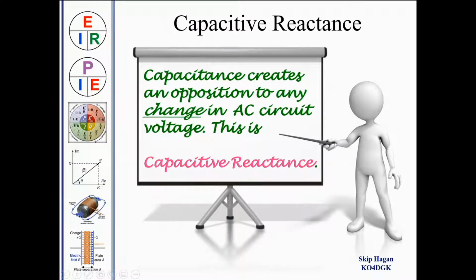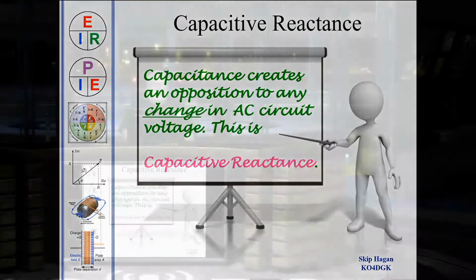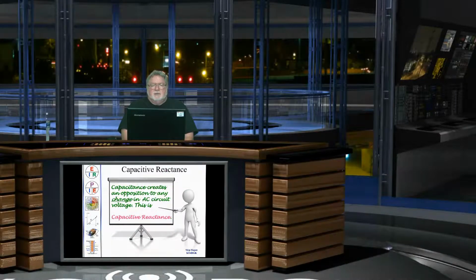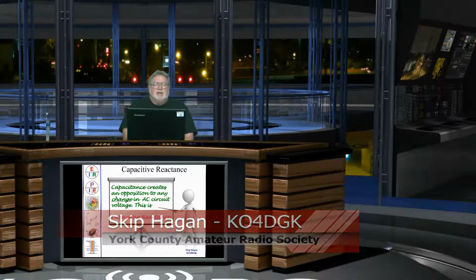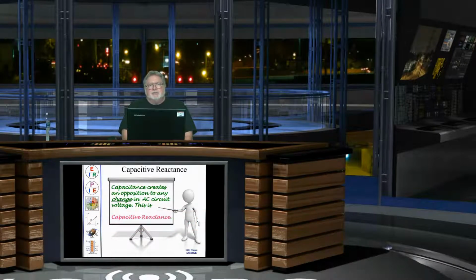So we've talked about inductance and inductors and inductive reactance. We haven't hit on capacitance yet. Well, we got a lot of capacitors in our radios too. So we'll talk about how capacitance affects our sine wave, and we'll look at how capacitance creates an opposition to any change in circuit voltage.